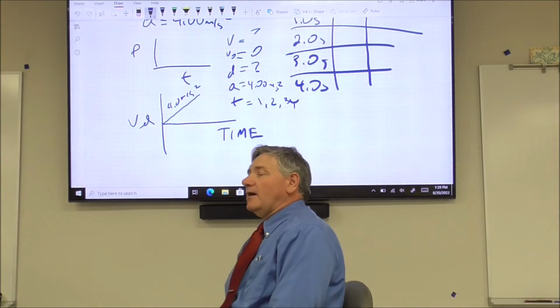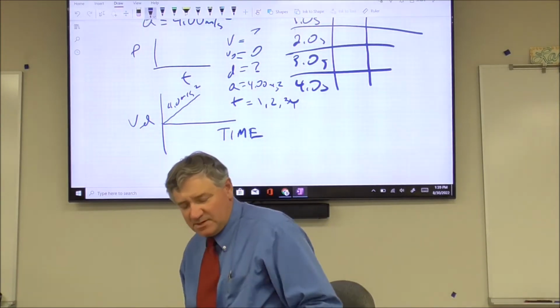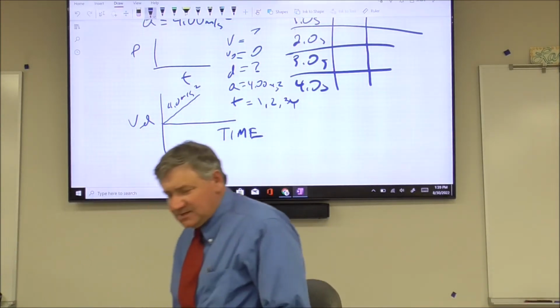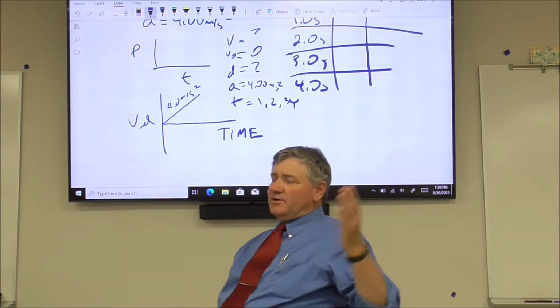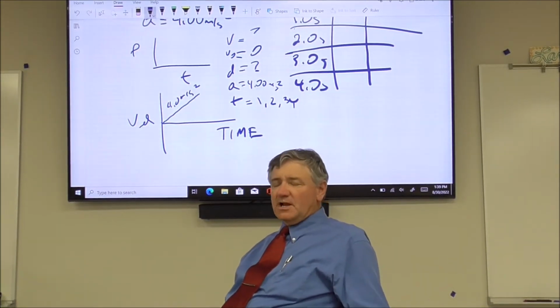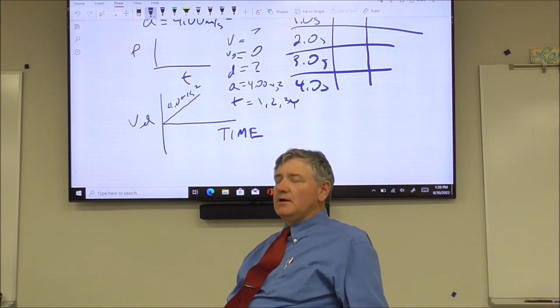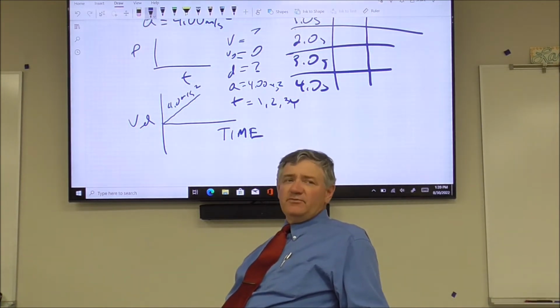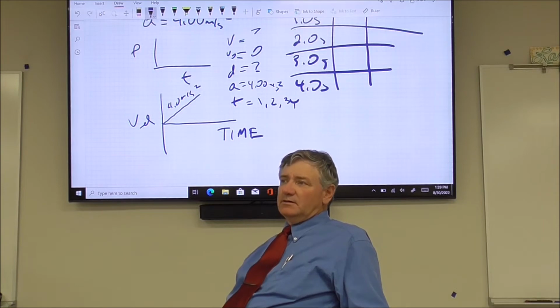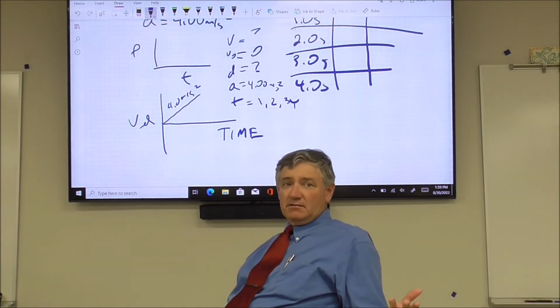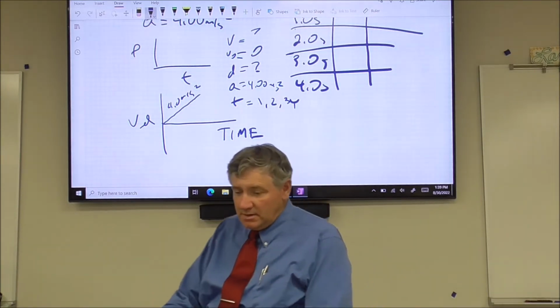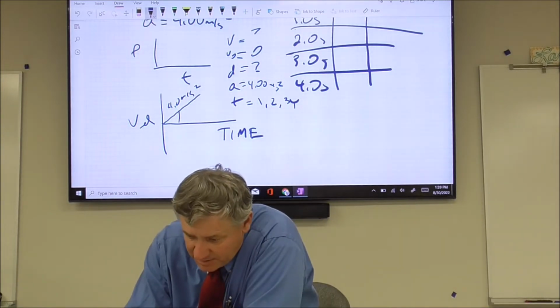Now, there's a couple of ways you can approach this. Let's just think through the big picture. You're starting at 0, and you're going to accelerate at 4 meters per second squared. So at the end of 1 second, how fast are you going to be going? 4 meters per second. That's what the number means, right?